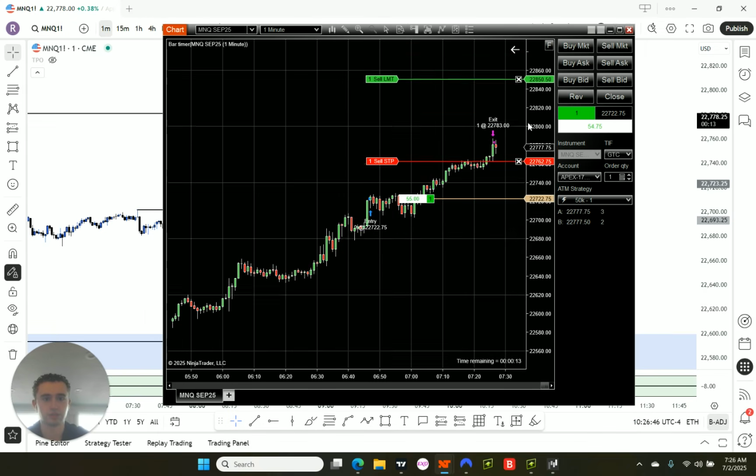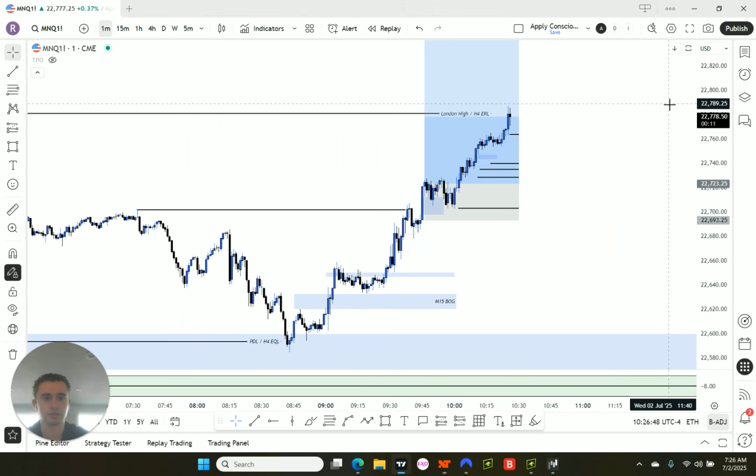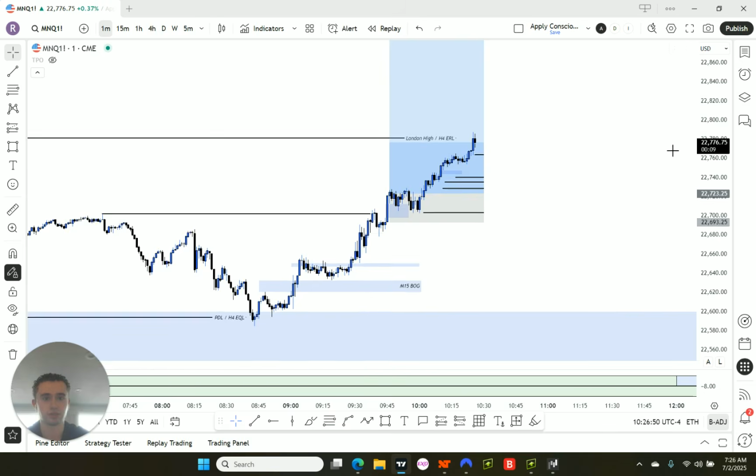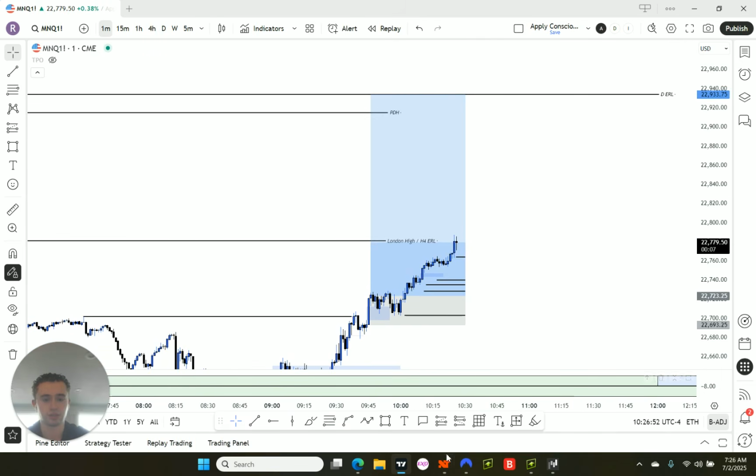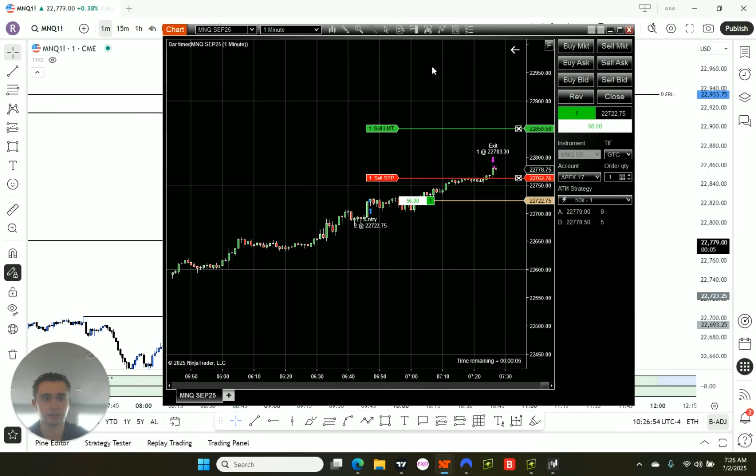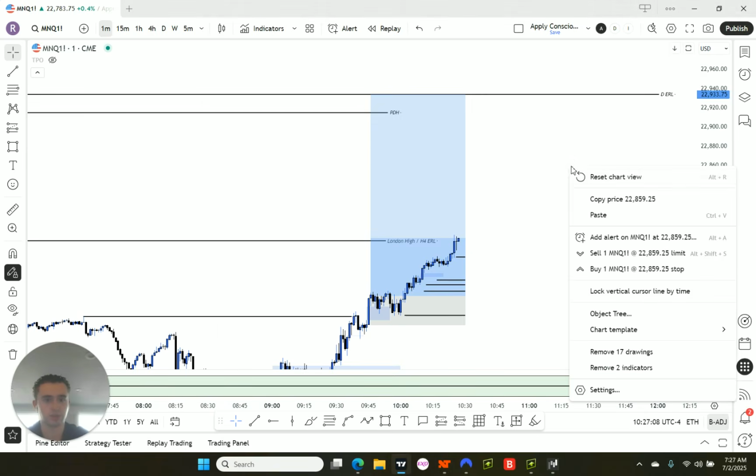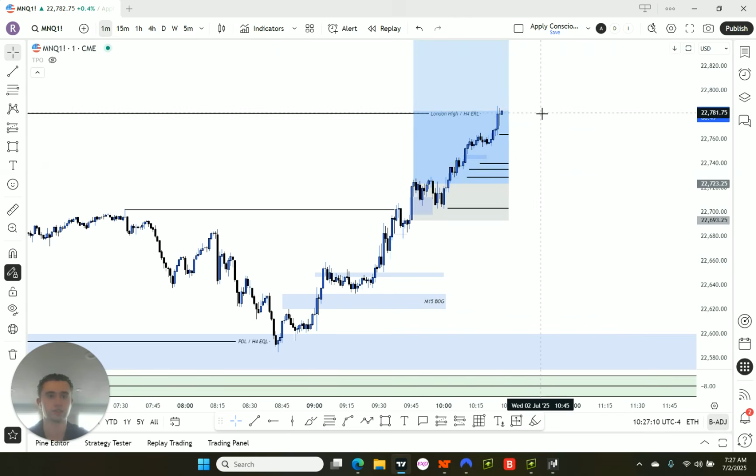Yeah, positioning looks good. Let's just see what this level up in here is. 933. That's extremely unlikely. I almost don't want to put it there just because it's extremely unlikely. But I'd have to look at ATR. Alright. So let's just watch these candles.